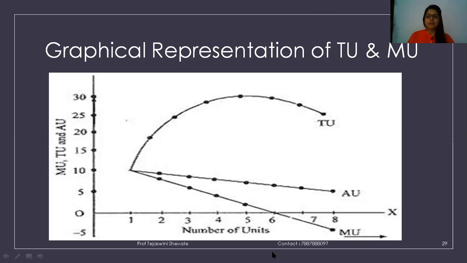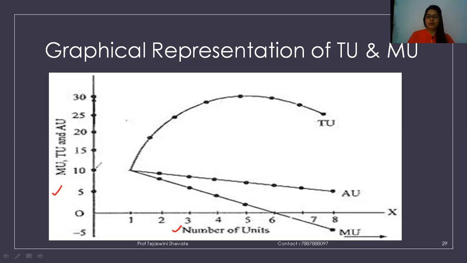On the x-axis we plot the number of units, and on the y-axis you usually plot total utility and marginal utility. In this particular diagram, we are just going to concentrate on total utility and marginal utility for now.